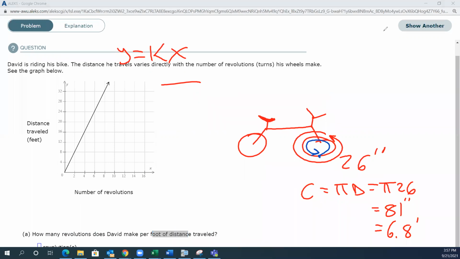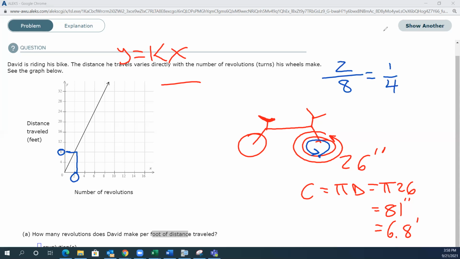Right. And so we know that when he's gone 2 revolutions, he's gone 8 feet, right? All right, this says how many revolutions per foot? Okay, so number of revolutions divided by number of feet. So that would be 2 revolutions divided by 8 feet. Okay, so he has a much smaller wheel because we were going almost 7 feet in just 1 revolution.